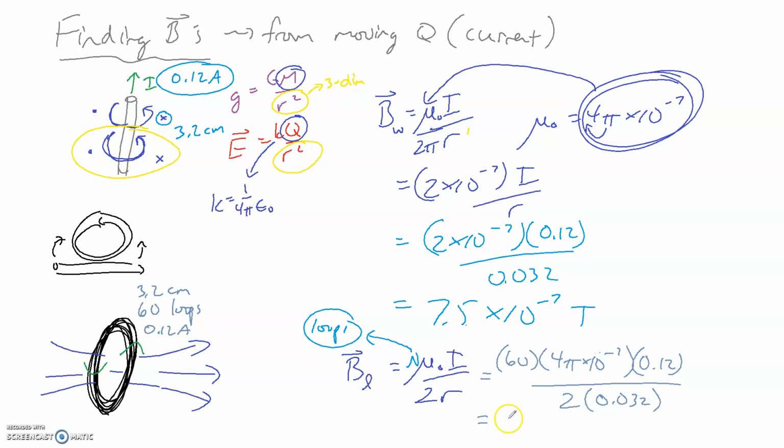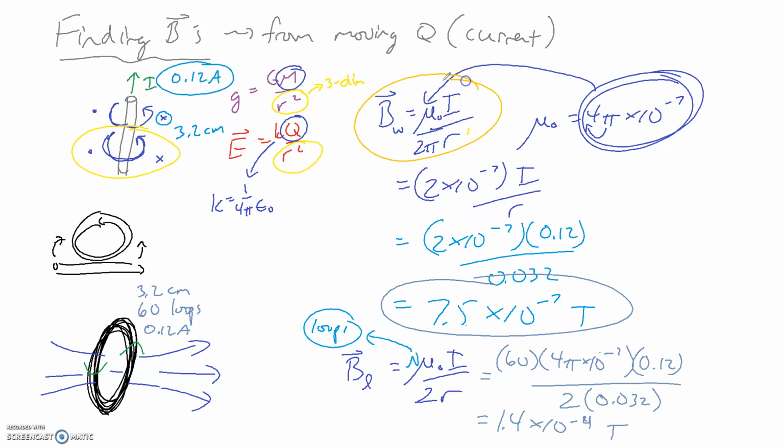And that should give us about 1.4 times 10 to the negative 4 Teslas, which is considerably more than what we had here. So you can see that making it a loop makes it stronger. Then you add a whole bunch of loops to it, you get a way stronger magnetic field. So these are our two expressions.